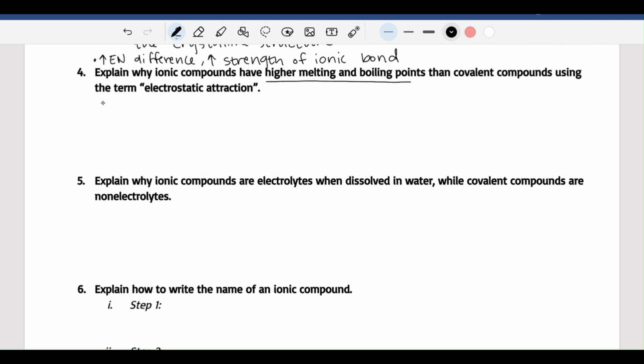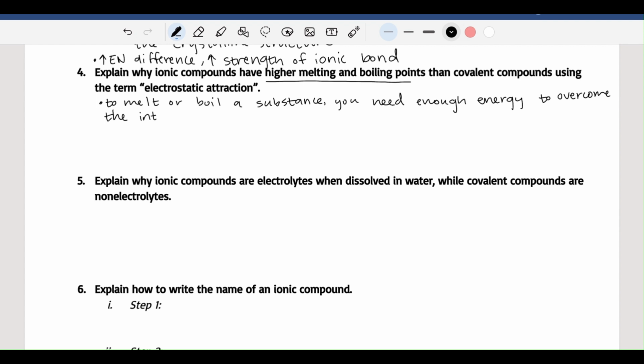Okay, so just in general, to melt or boil a substance, you need enough energy to overcome the intermolecular forces, or we often say IMFs.